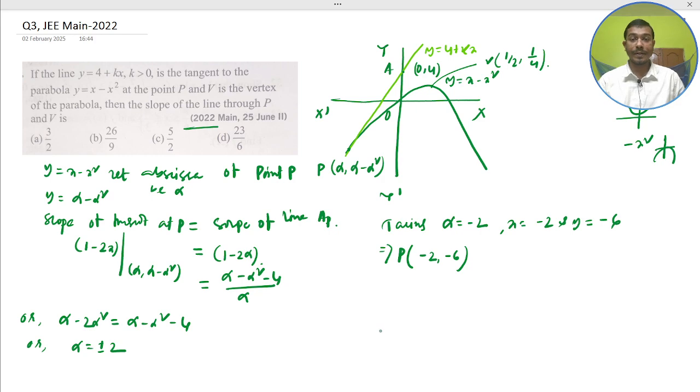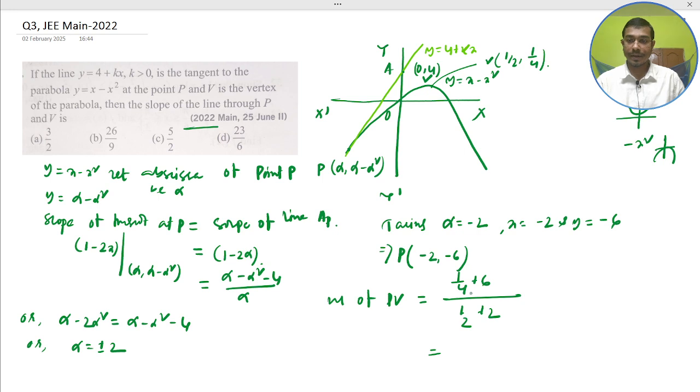So slope of PV, with P and this point being V. Let M be the slope of PV, that would be (M1 minus M2) divided by (1 plus M1 M2). Put this formula: (1/4 plus 6) divided by (1/2 plus 2).